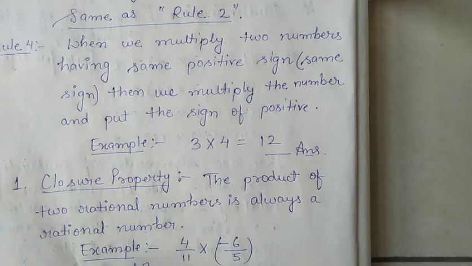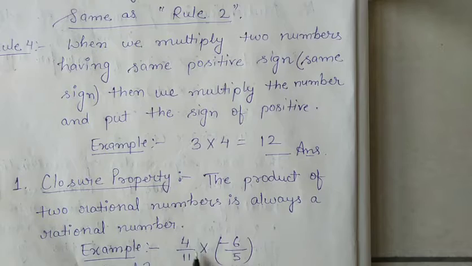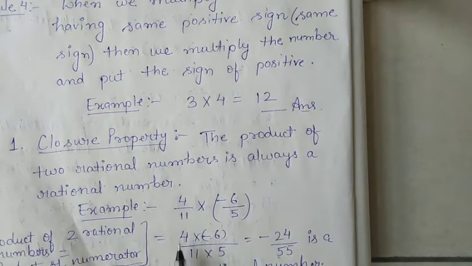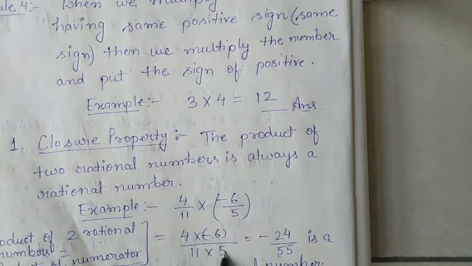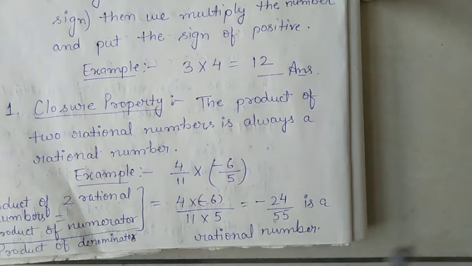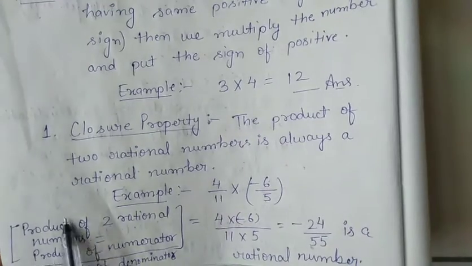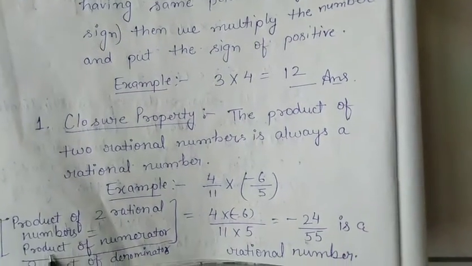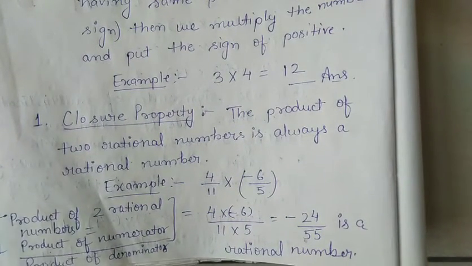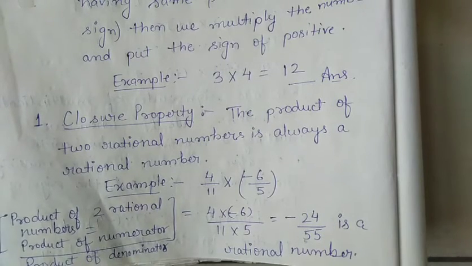For example, 4 by 11 into minus 6 by 5: 4 into minus 6 and 11 into 5. 4 into 6 is 24, and plus into minus is minus 24; 11 into 5 is 55. It is also a rational number. The product of two rational numbers is the product of numerators divided by the product of denominators. This is the rule to multiply two rational numbers.